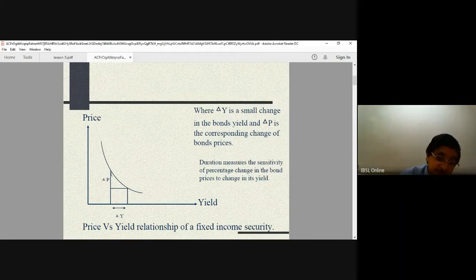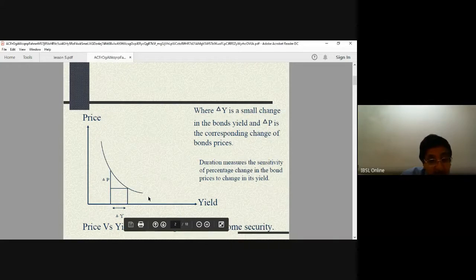This curvature is not very sharp. If the curvature is very sharp, highly curved, then we call it high convexity. If the curvature is not that sharp, we call it low convexity. On the other hand, low convexity is approximated to a straight line. So this concept, I think you need to understand.